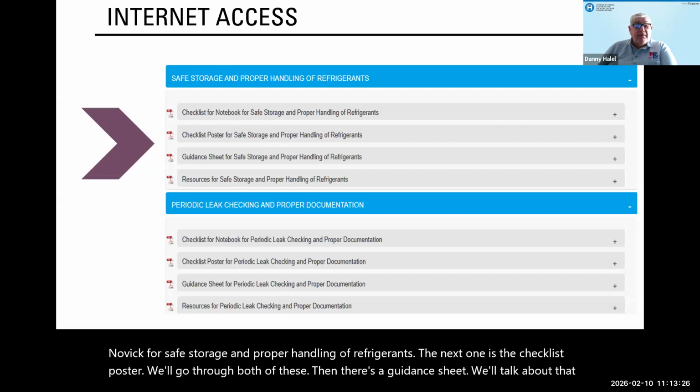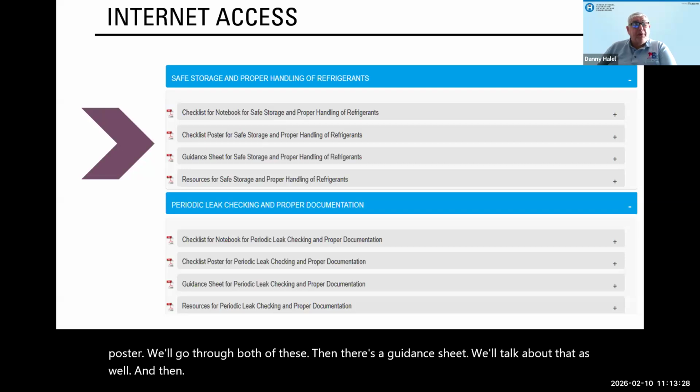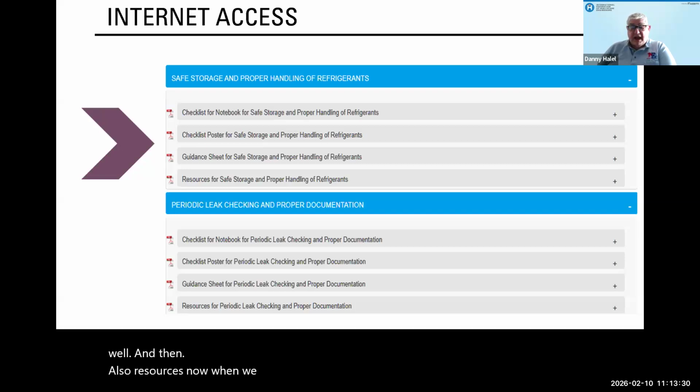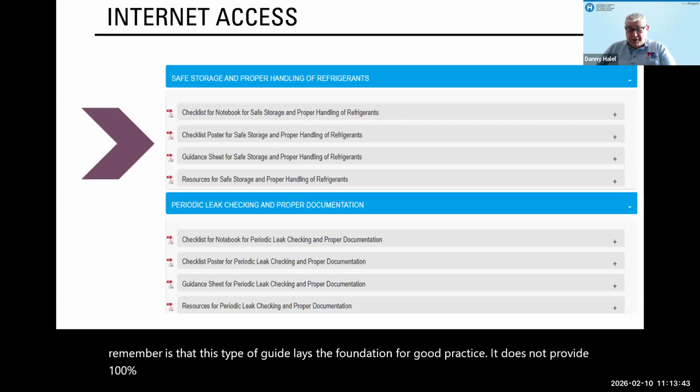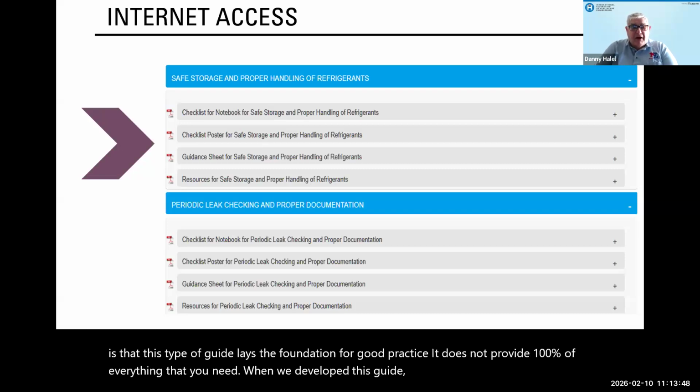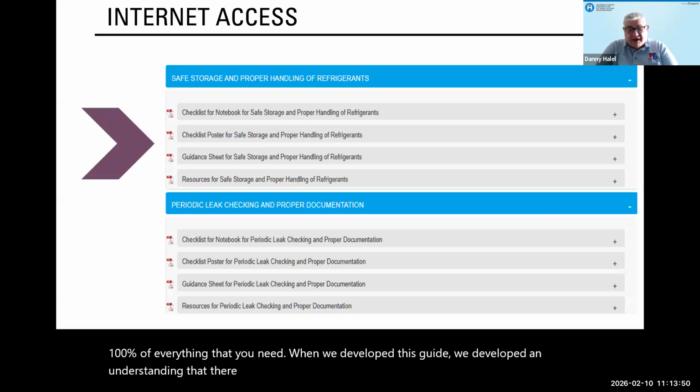And then also resources. Now, when we get to resources, one of the things that I'd like you to remember is that this type of guide lays a foundation for good practice. It does not provide 100% of everything that you need. When we developed this guide, we developed it understanding that there are experts worldwide that have already written documents to help you understand what's going on within your system.